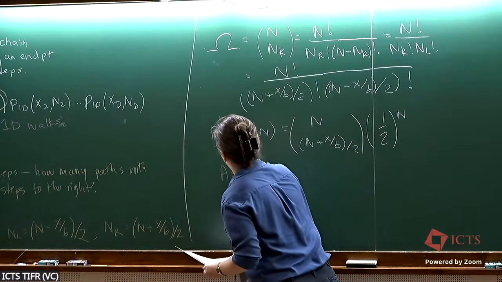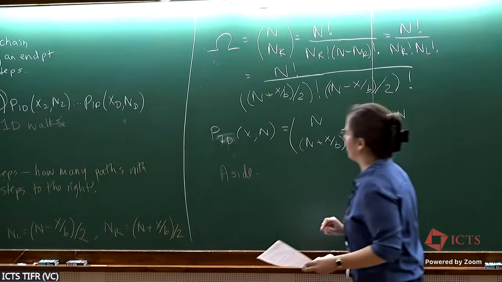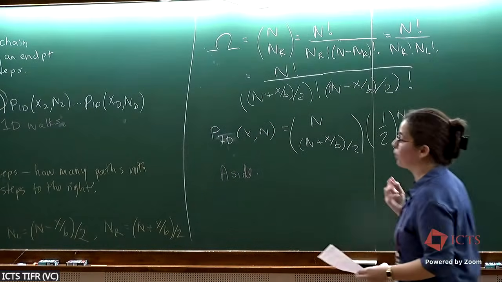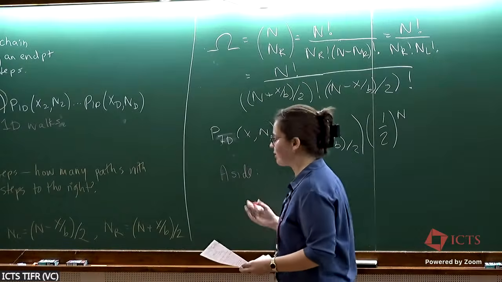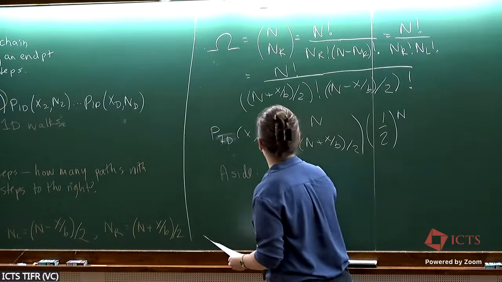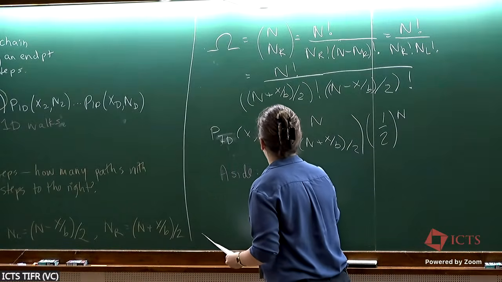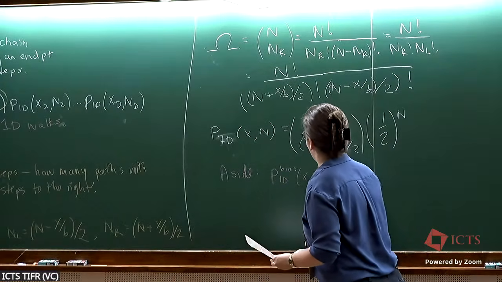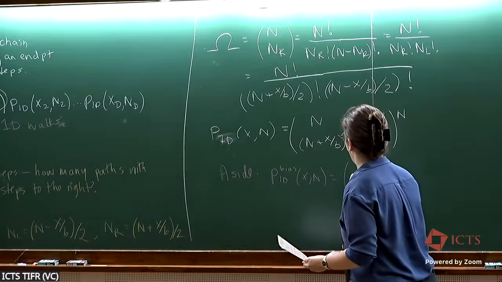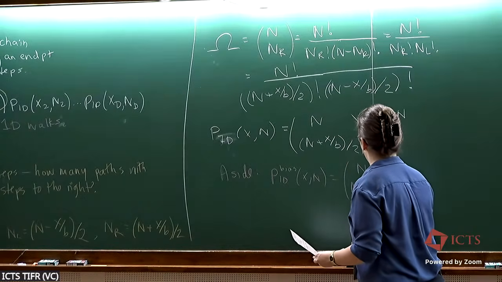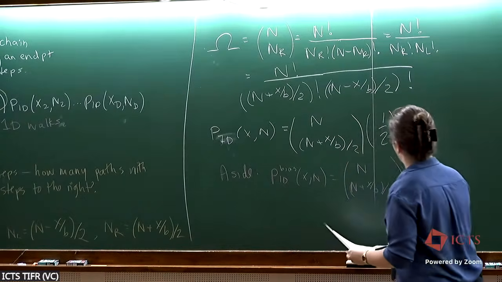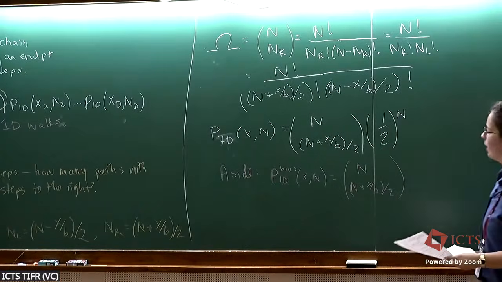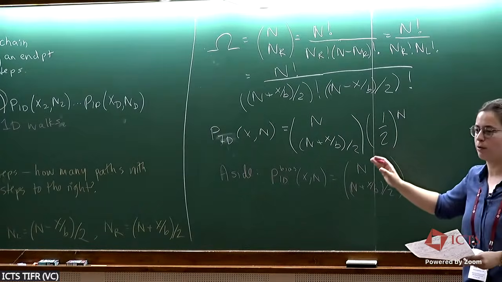As an aside, you might notice here that it's quite easy to extend this to a biased random walk, which is something that has many, many applications as well. So P 1D bias would use the same counting argument. We would have n choose (n plus x over b) over 2, but we would not be dividing it by 2 to the n, the total number of paths.